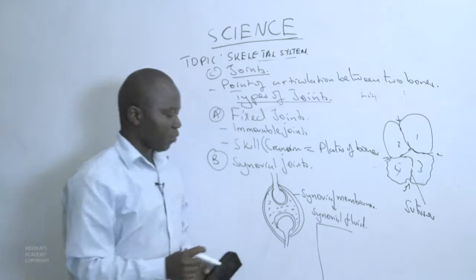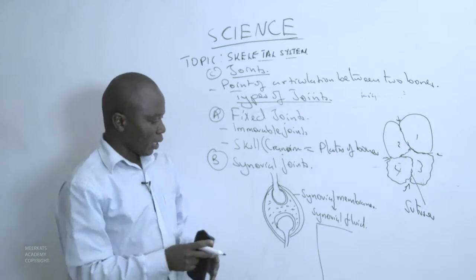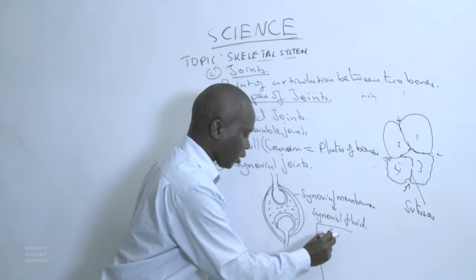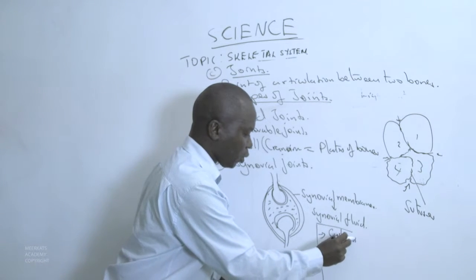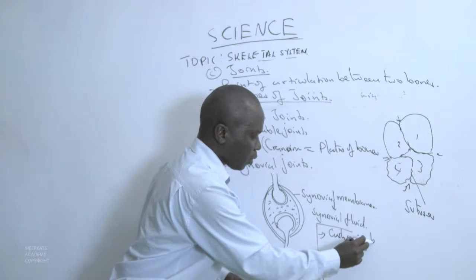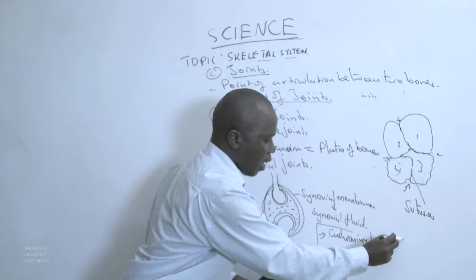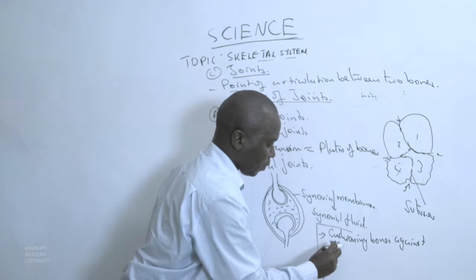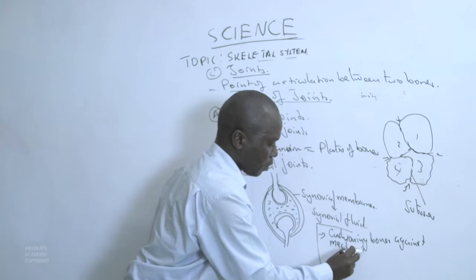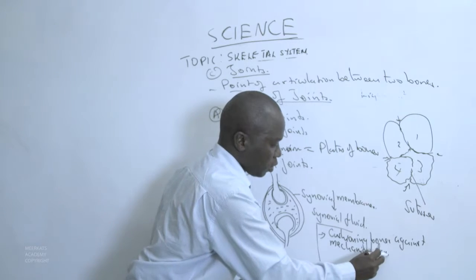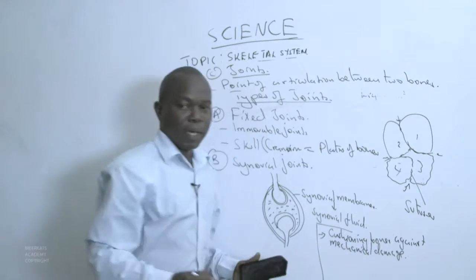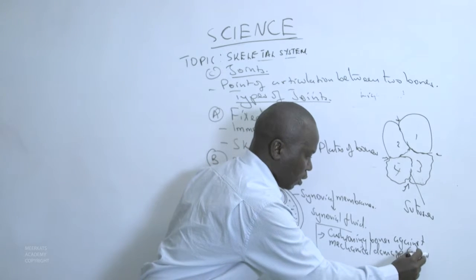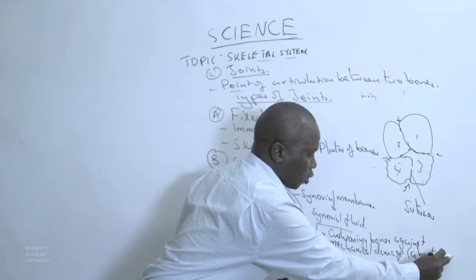The role of synovial fluid, just like the cartilage and other roles, will include cushioning, acting as a cushion, cushioning bones against mechanical damage. In other words, they are absorbing shock. Absorb shock.